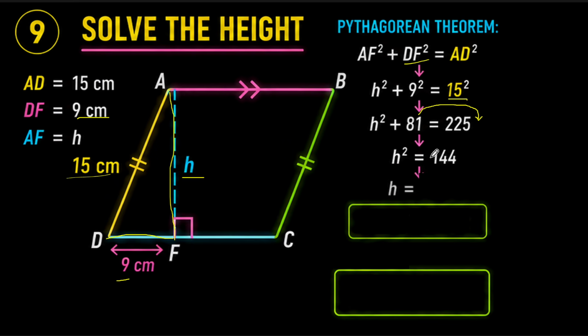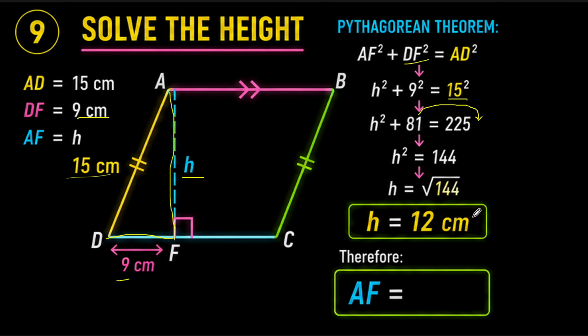Okay, so therefore the height is equal to square root of 144. For us to eliminate the square here, we get the square root of both sides. Square root of 144, type it in calculator, that will become 12 because 12 times 12 is 144. Square root of 144 is 12 centimeter.